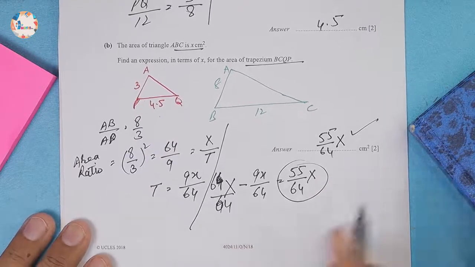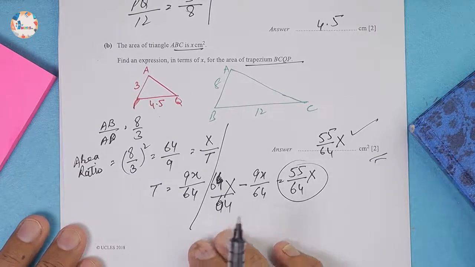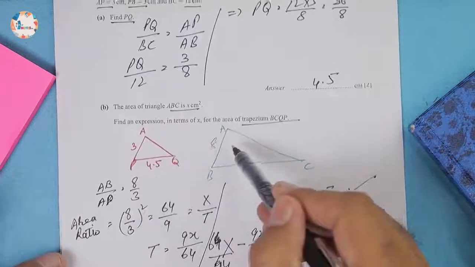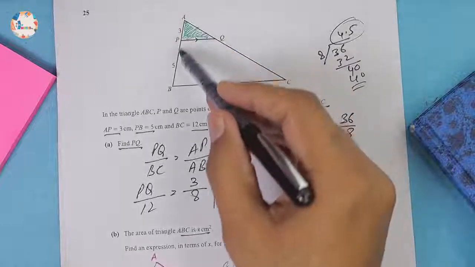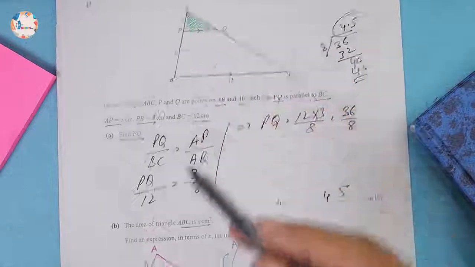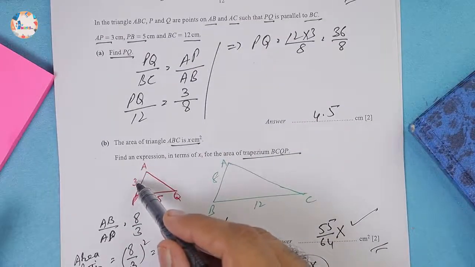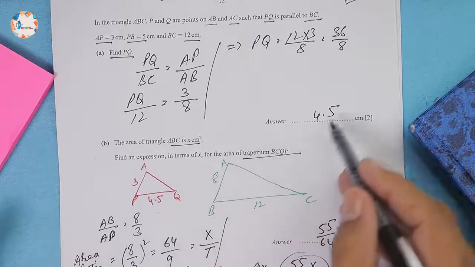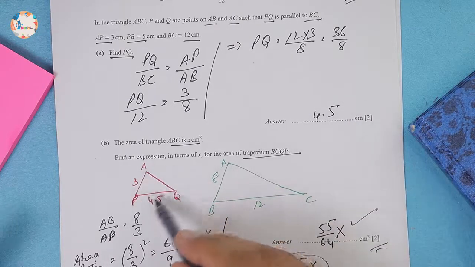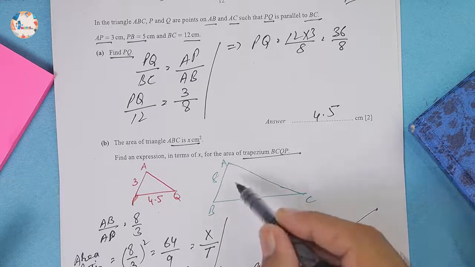Now, what we have done: this is a 2-mark question, a little tricky one. We have taken two separate triangles, this smaller one and the bigger one. The smaller one has side 3 and this side is 4.5, which we have already found. After that we have taken this bigger triangle.